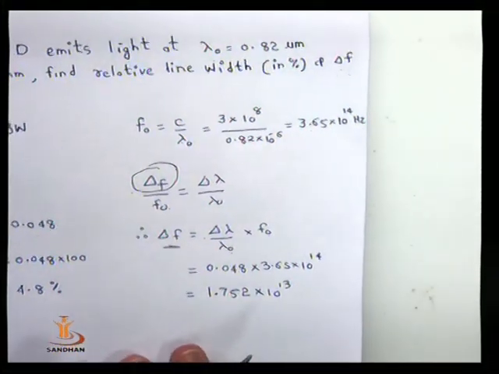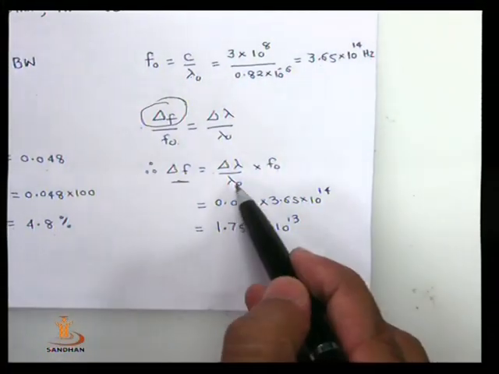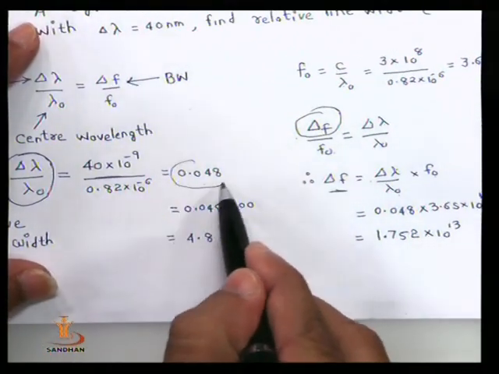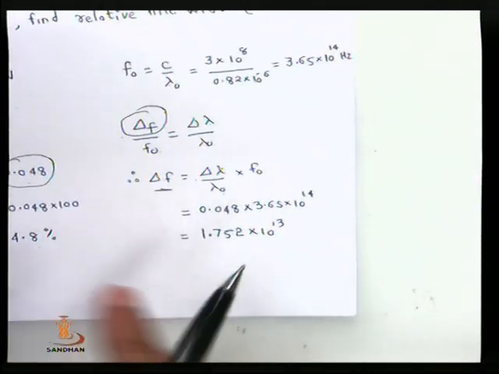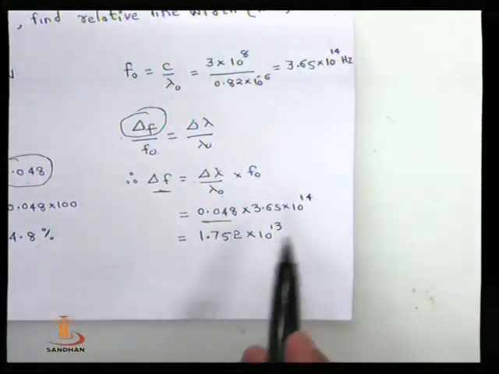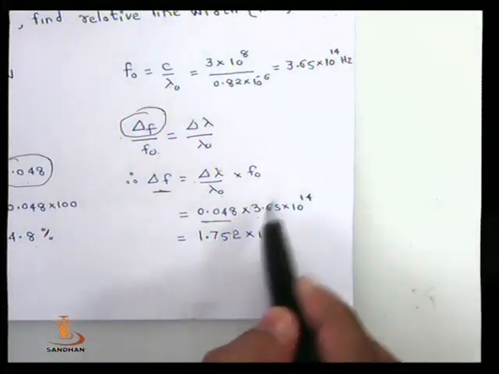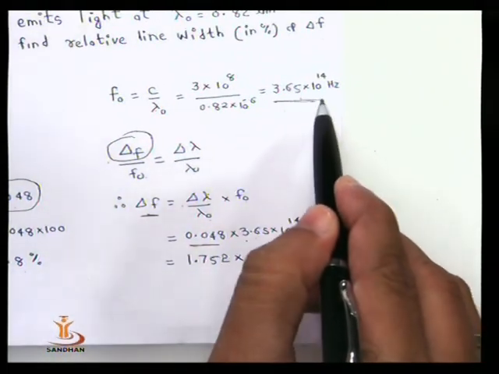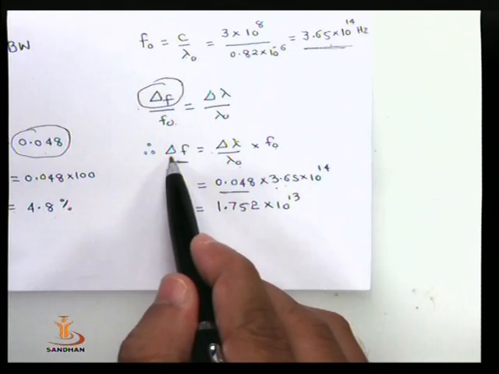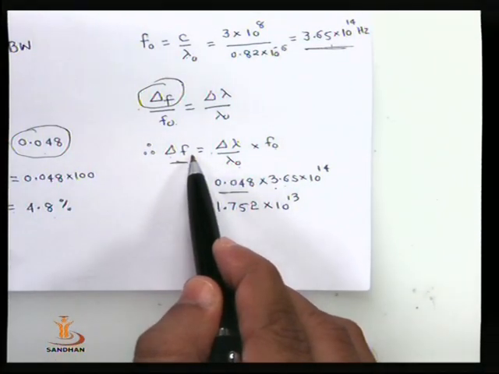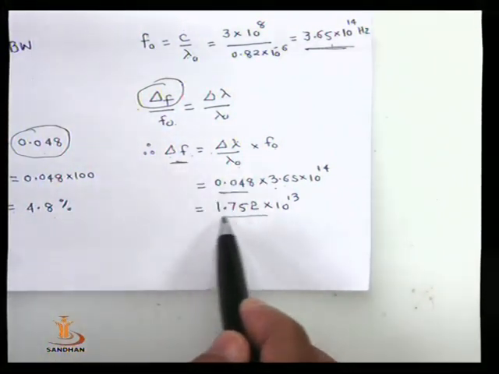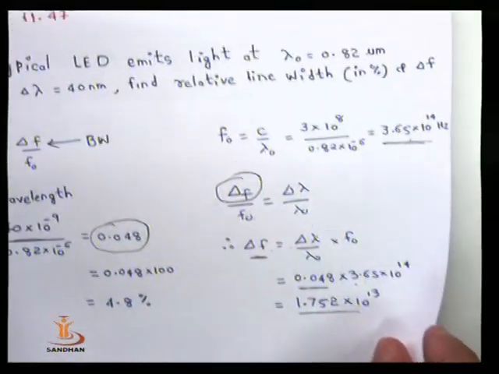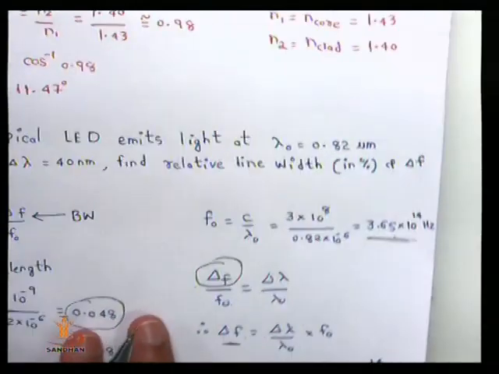Putting the value of del lambda by lambda 0, which we found here is 0.048, into f0, where f0 is 3.65 into 10 raised to 14, we are getting del f, the frequency bandwidth, equal to 1.752 into 10 raised to 13. So this one is the numerical based on the line width.